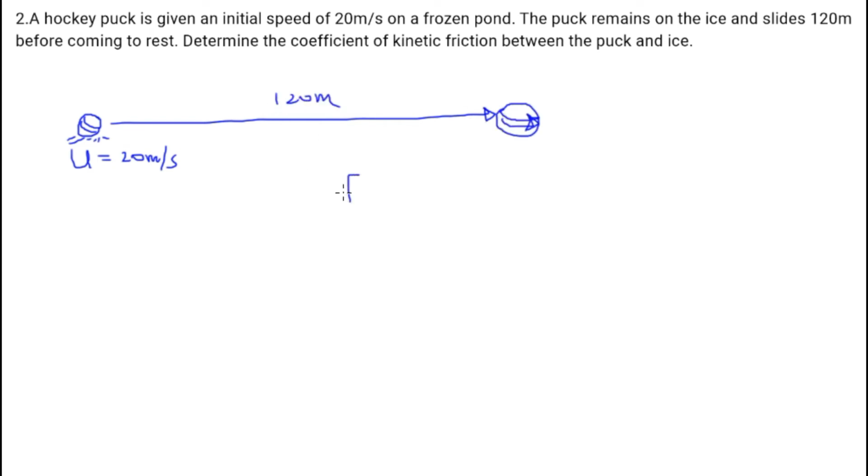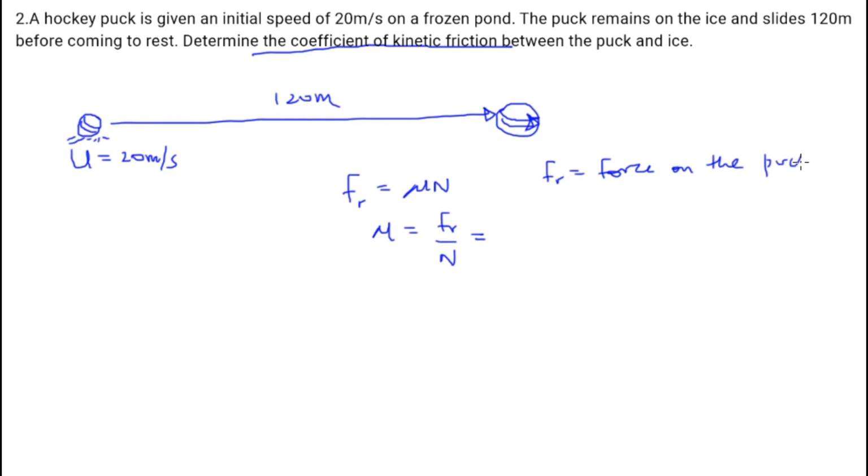Notice that in order to determine the coefficient of kinetic friction, we need to use the frictional force formula, which is equal to mu N, where mu, the coefficient of kinetic friction, is equal to the frictional force upon the normal reaction. The frictional force in this case is equal to the force on the puck, and that is actually equal to ma.